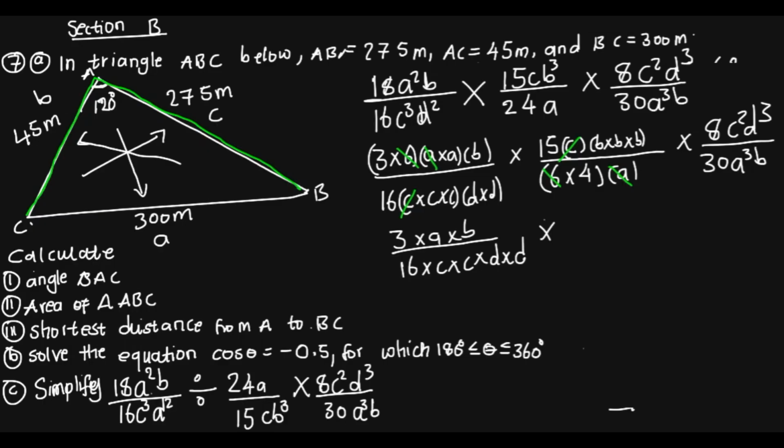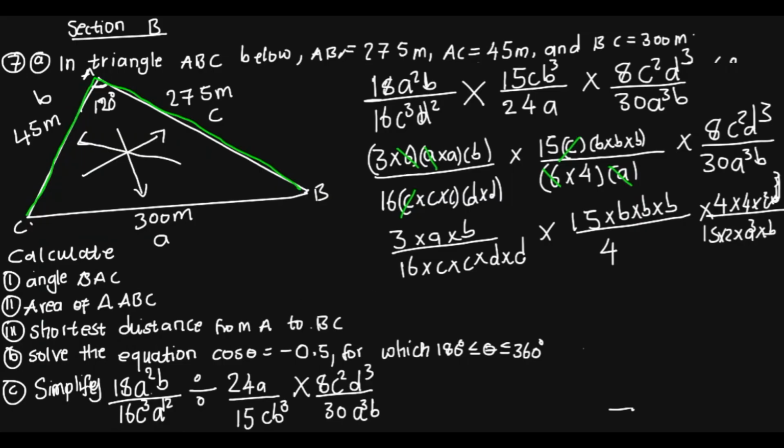Then here we have this 15. So 15 times b times b times b over, here we have a 4 multiplied by 8. 8 is the same as 4 times c squared times b, meaning d to the power 3, over 30, which is the same as 15 times 2 times a to the power 3 times b.